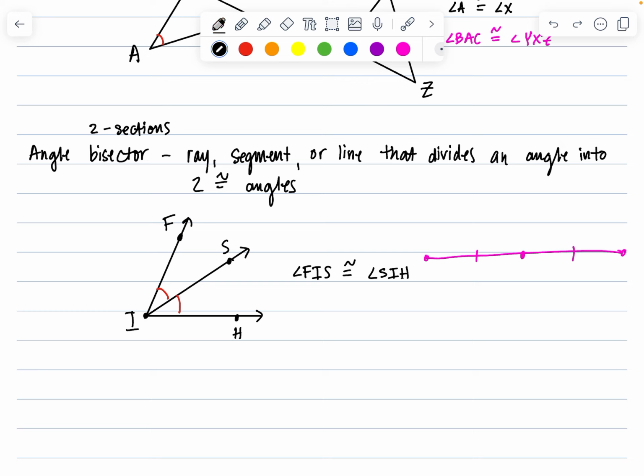So here we have it. And we could also say here, since angle FIS is congruent to SIH, we could say that ray IS is the angle bisector to angle FIH. And there we have it.